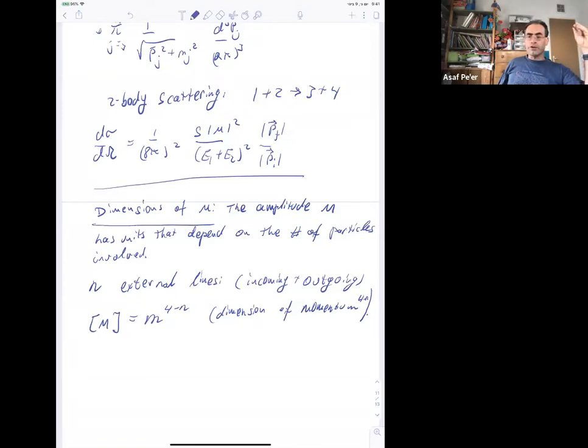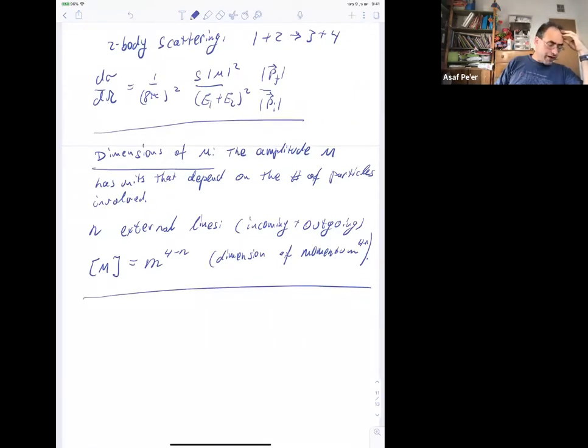If one particle decays into two particles, 4 minus 3 is 1. So it has one dimension of momentum.